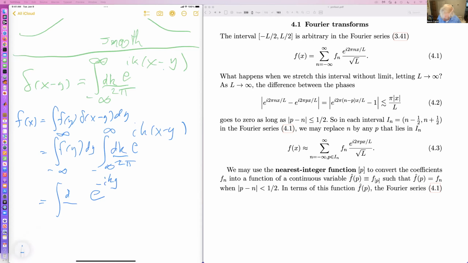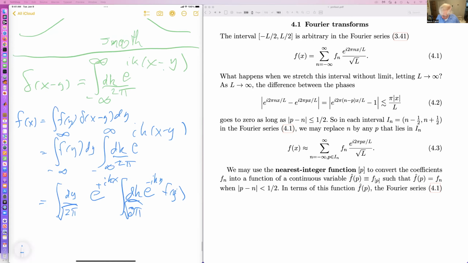Square root of 2 pi, and this is going to be e to the, no, this should have been plus ik. Hold on. x, e to the minus i k y, f of y.